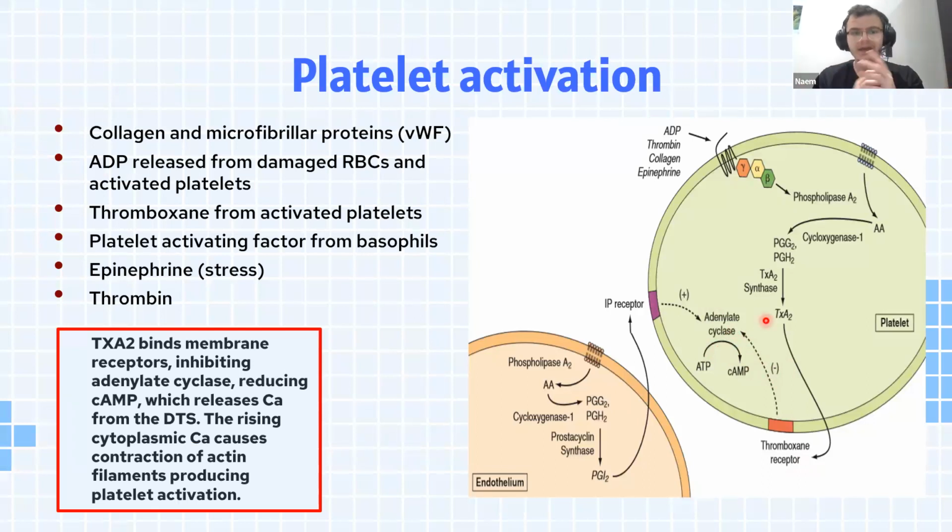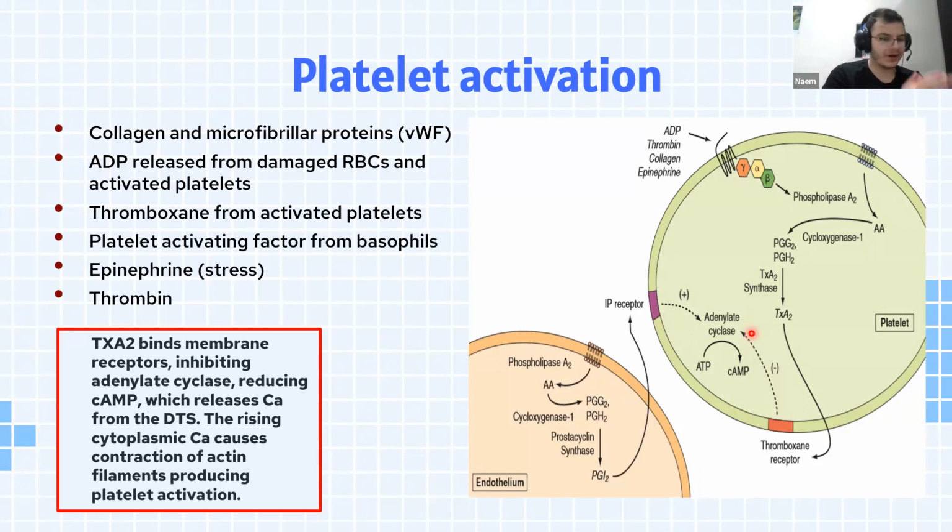Remember, inside the platelet we also have actin and myosin. So by inhibiting adenylyl cyclase, calcium will be released inside the platelet. This will lead to contraction of the actin and myosin, which is basically the platelet activation.